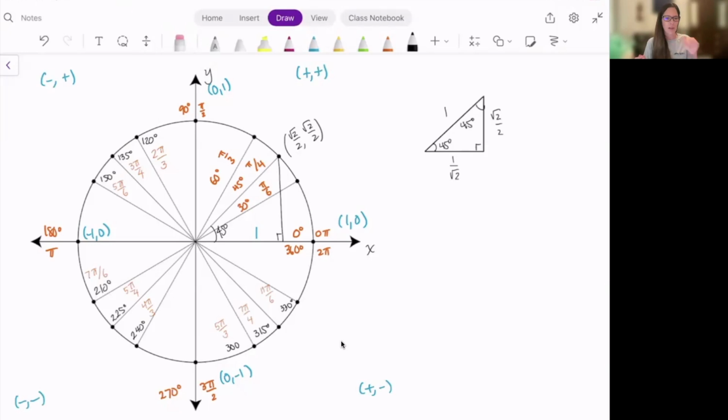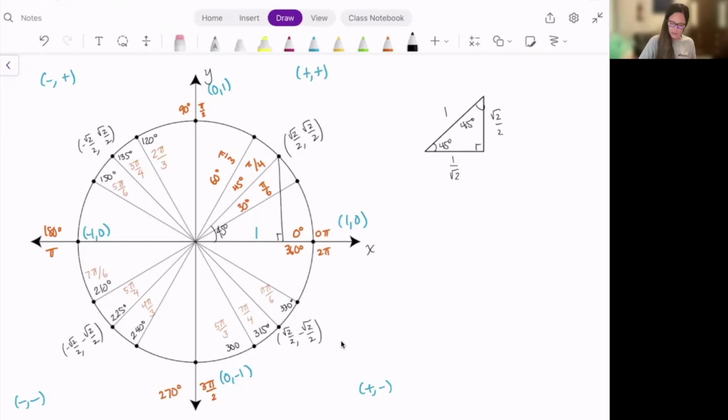Every denominator of 4 has the same values. It's just the changing of the sign. So here, the x is negative, the y is positive. Here, the x and y are both negative. And over here, the x is positive and the y is negative.